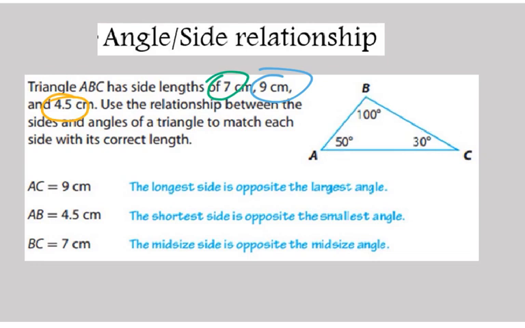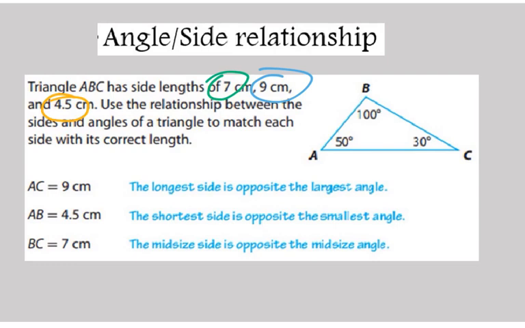Okay, well, what we know is that, let's start with the largest. The largest angle measurement will be opposite of the longest side, or we could say the longest side is opposite of the largest angle.